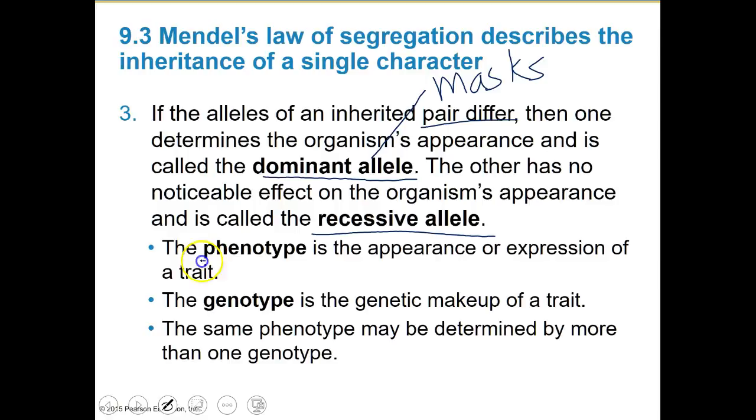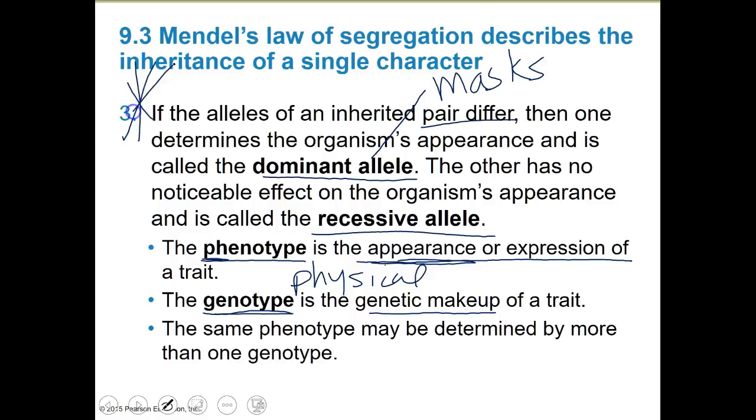The phenotype is the appearance or expression of a trait. I know it doesn't always work, but the ph makes us think of a physical characteristic, so sometimes that's how I'll describe it. The genotype, however, is the genetic makeup of a trait. We'll get more examples of those as we go along, but these are incredibly important definitions as we move forward.